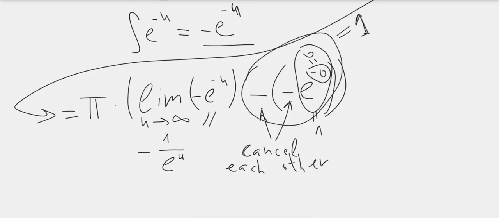So when u tends to infinity, e to the power u clearly is unbounded, so it tends to infinity as well, and therefore this fraction 1 over e to the power u tends to 0.